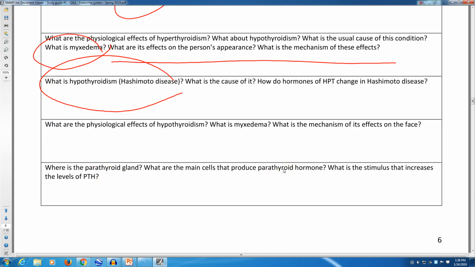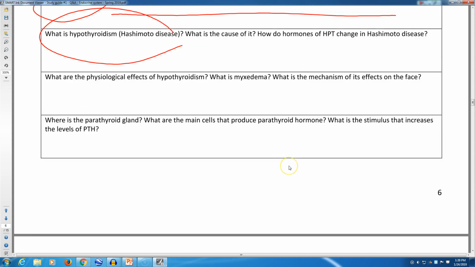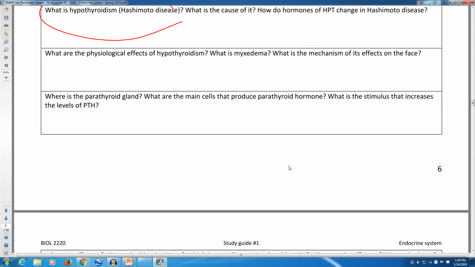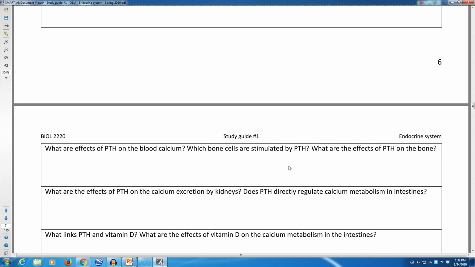Parathyroid gland. What you need to know about parathyroid is where it is located. Stimulus: low calcium. Effects of PTH: elevated calcium. Now, I want you to know 3 mechanisms of how blood calcium goes up. One is stimulation of osteoclasts and bone resorption.